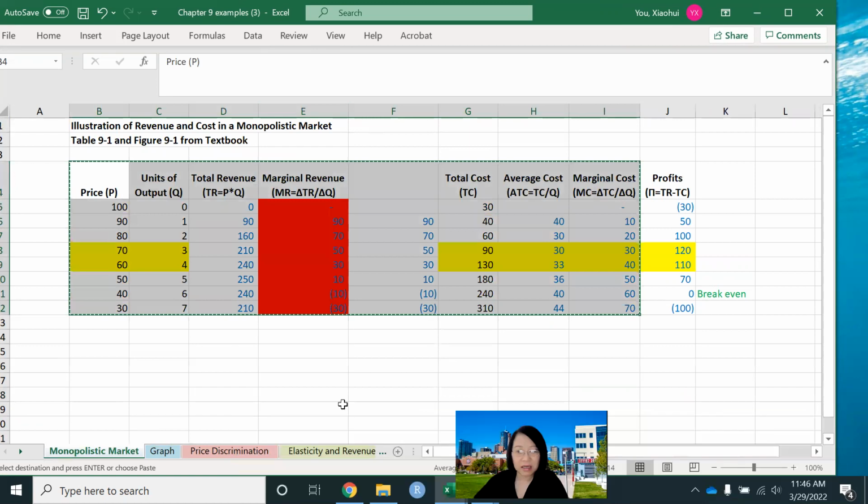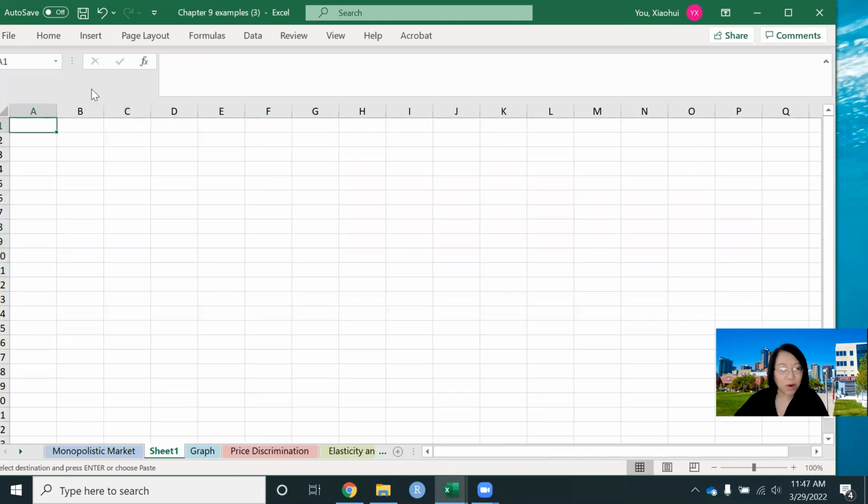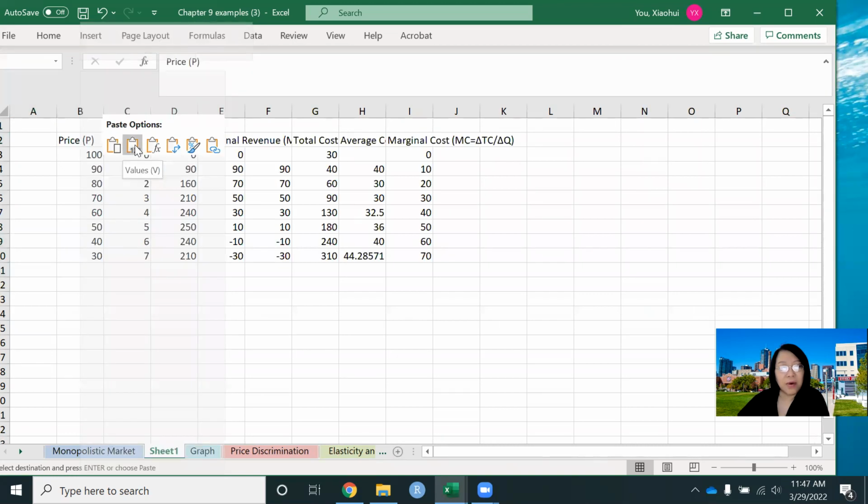And then let me add one more spreadsheet. See here, click the plus sign. Add one more spreadsheet. Normally I paste from the second row, right? But here I paste from the second row, second column. And when I paste it, I paste value only, see, 1, 2, 3.